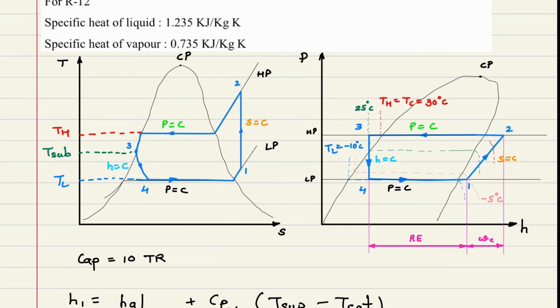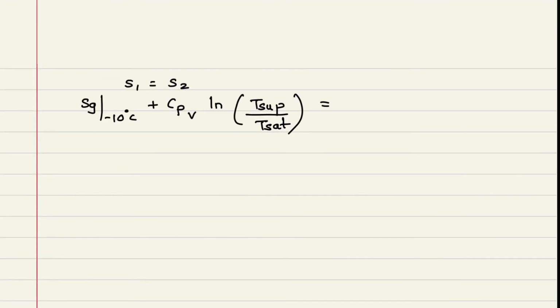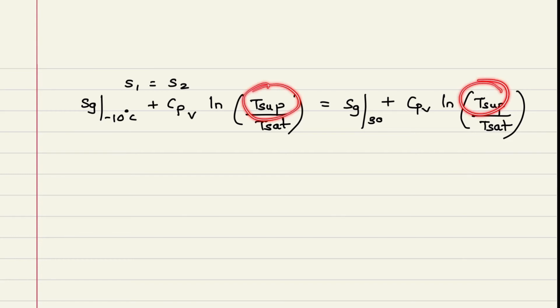So for point 2, Hg at the higher temperature, which is 30, plus Cp of vapor log T sup upon Tsat. Now this T sup is different. Remember that. This saturation temperature is also different. So Hg at -10 and Hg at 30, we will see these values.